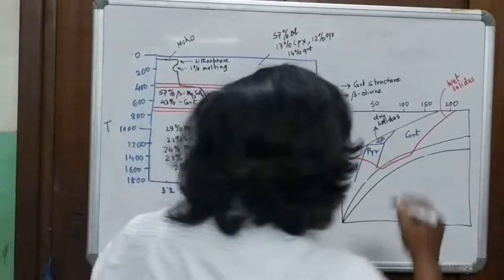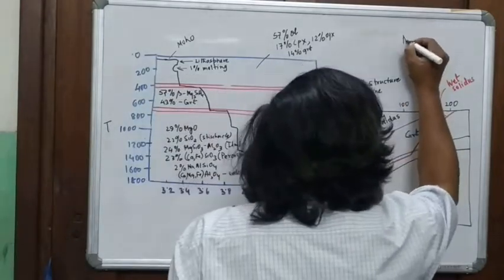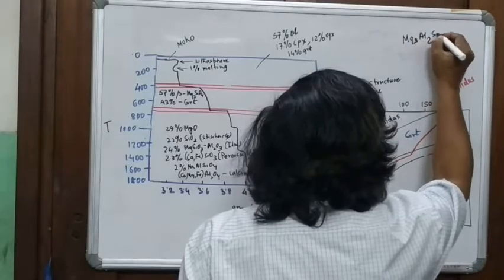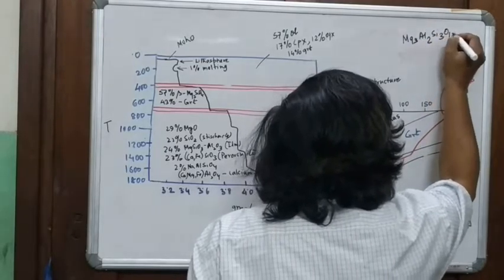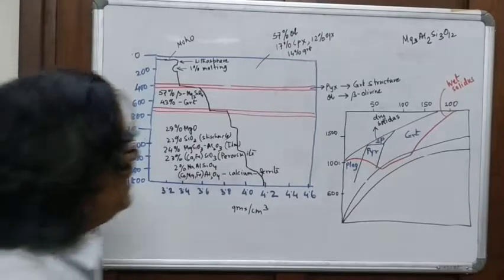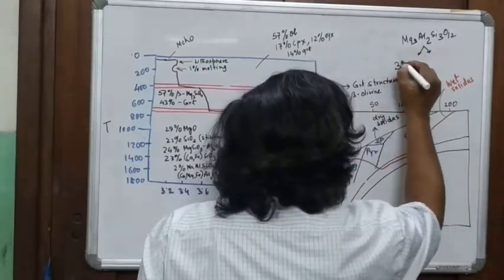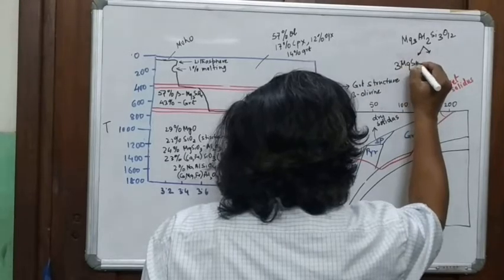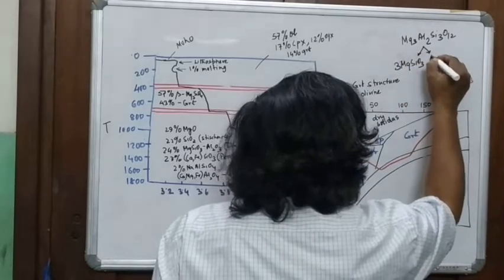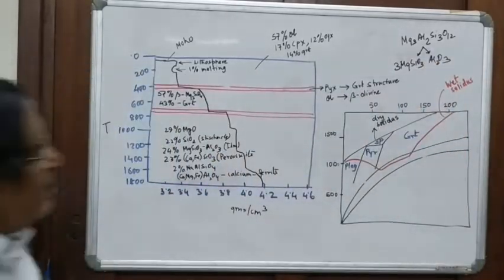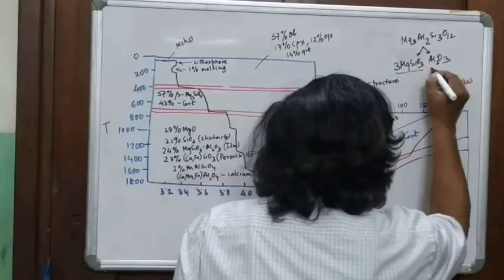If you take a mantle garnet, say for example Mg3Al2Si3O12, you can split it up into 3MgSiO3 and Al2O3. You see? MgSiO3 and Al2O3.